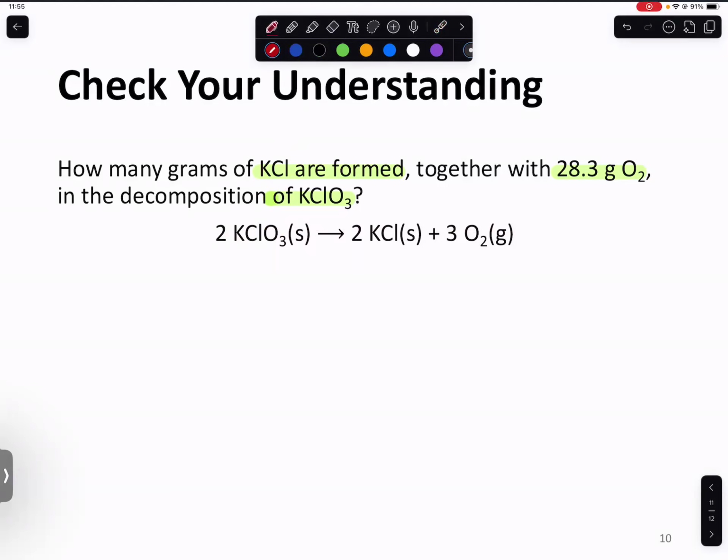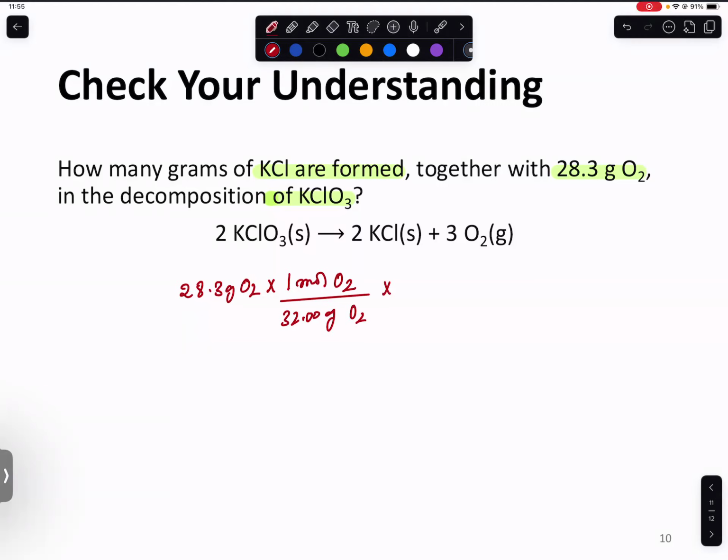So like I showed you before, if we have 23.8 grams of oxygen, and then we want to convert to moles of oxygen, we're going to use the molar mass of oxygen, which is 32.00 grams oxygen.